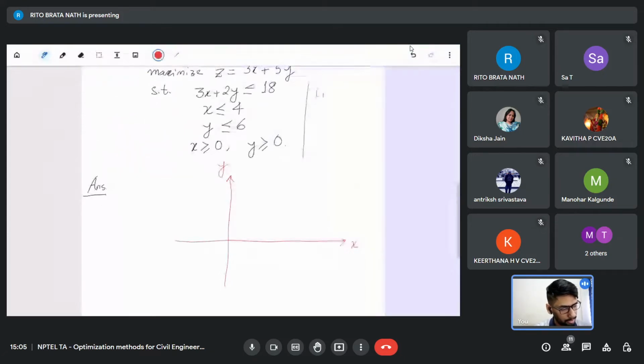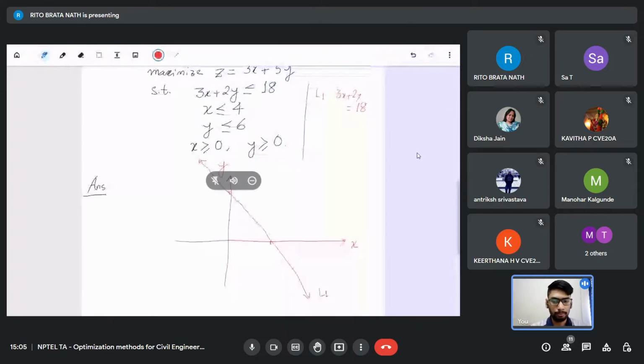We have one straight line, let's name it this: 3x plus 2y equals 18. It will go through 6, 0 and 0, 9. So this is the equation of the straight line.